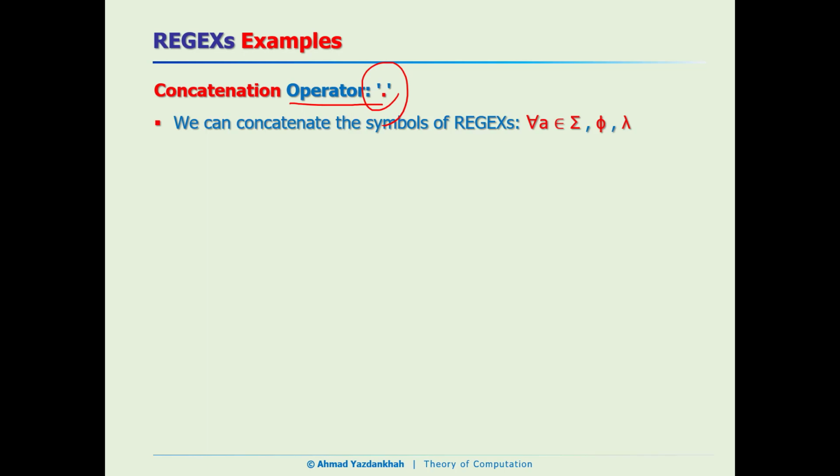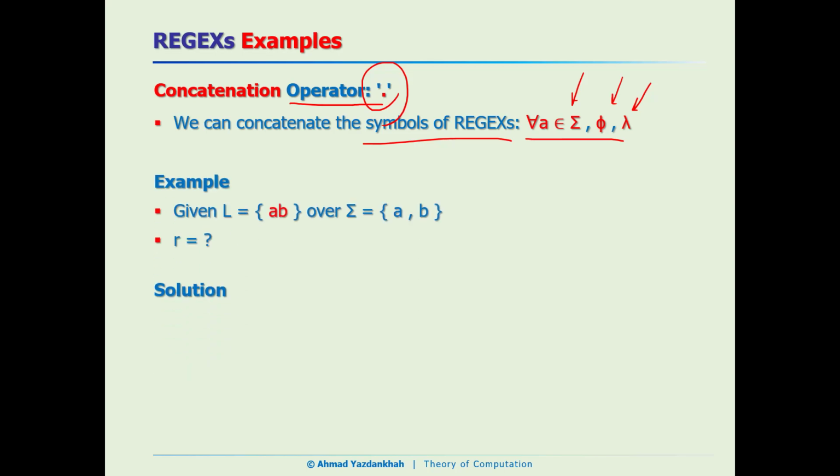We can concatenate the symbols of the regexes that we already know: alphabet, phi, and lambda. Let me take an example. So our language is a little bit more complicated than the previous one, and we want to represent this language with a regex. Okay, before going further, let me refresh your mind.